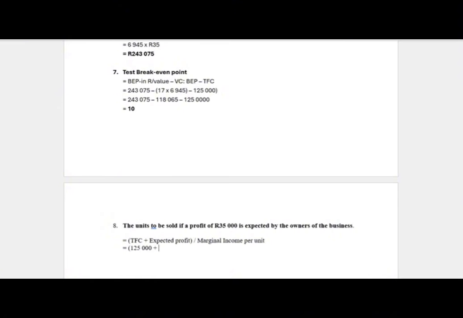Expected profit is given there, is 35,000, close brackets, and then you divide by marginal income per unit. Your marginal income per unit is 18 right there, right? We divide by 18.